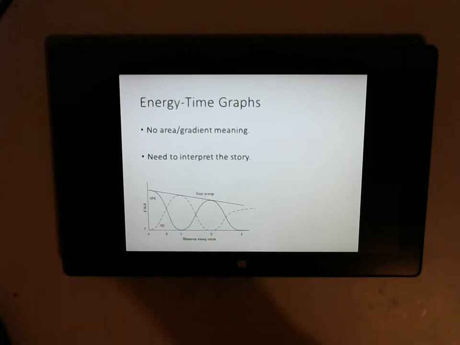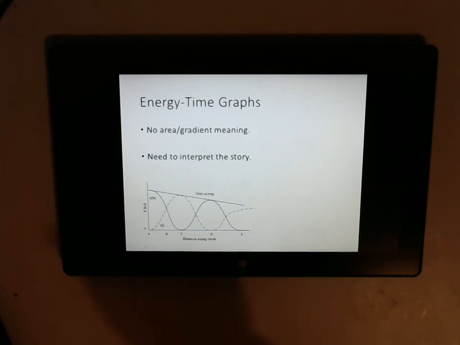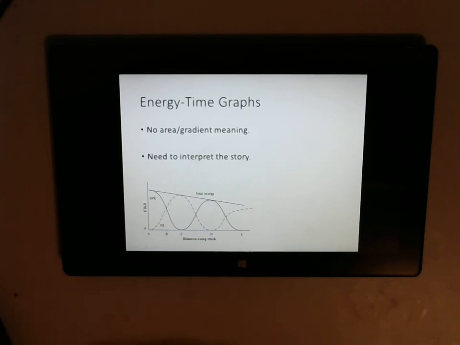But again, it kind of depends on where you say your 0 is. At that point, the energy isn't lost, it's just being stored in the elastic energy, which does have an equation, but it's not in our scope, so don't worry about it popping up. But it doesn't mean it's gone anywhere, or it doesn't mean it's lost.